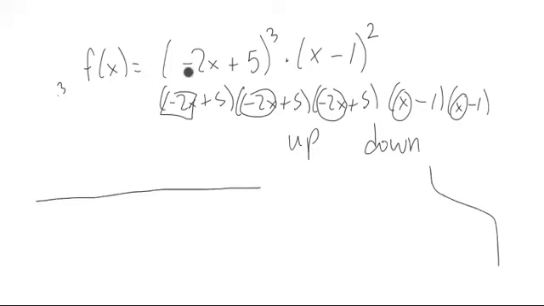We set this equal to 0, and we get negative 2x plus 5 equals 0. So negative 5 is negative 2x, and x is 5 halves. So we have 5 halves, and we know we have 1. And we know we're starting up and we're ending down.